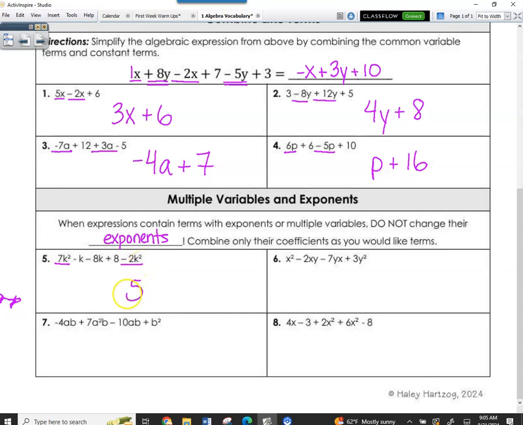So that would be 5k squared. Right? You need to draw 2 lines since it's squared. We're just adding. We're not multiplying. So we got negative k minus 8k would be minus 9k. And then that 8 is just there.